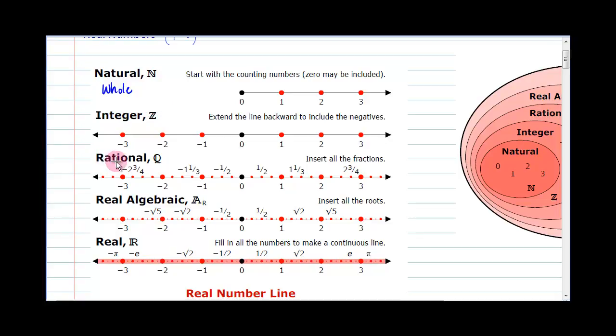We next have rational numbers. Rational numbers were developed so that we could represent numbers in the form of fractions, only we don't just have to represent them in the form of fractions, because all fractions can also be represented as decimals. So really, rational numbers are allowing us to represent fractions and decimals.